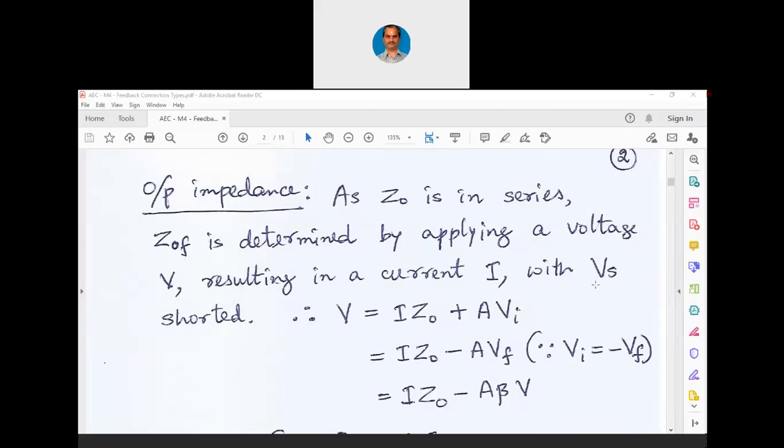So when Vs is shorted, we will have only the input as voltage V resulting in a current I, because now Zo is in series. So now V is equal to I into Zo plus A into Vi. I is the resultant current, Zo is the output impedance which is in series. So there is a drop of I into Zo across that output impedance, plus we have the additional voltage which is A into Vi itself.